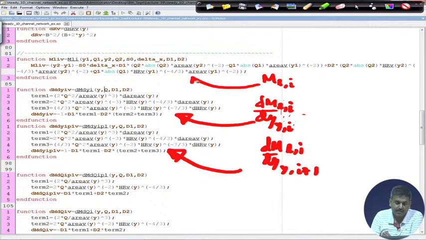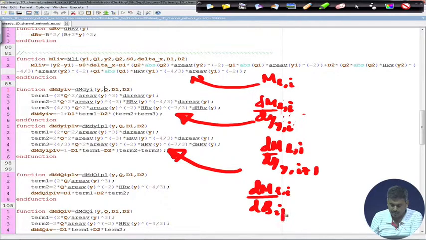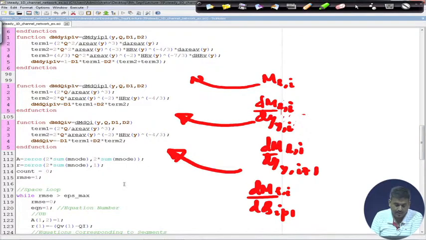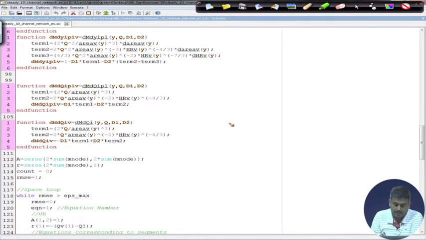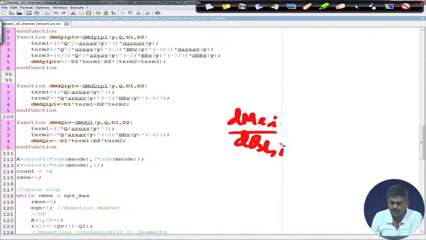This is m, and now we need dm L I by dq I plus 1, and the term dm by Li by dq, this is for I L I. So, this term is here.